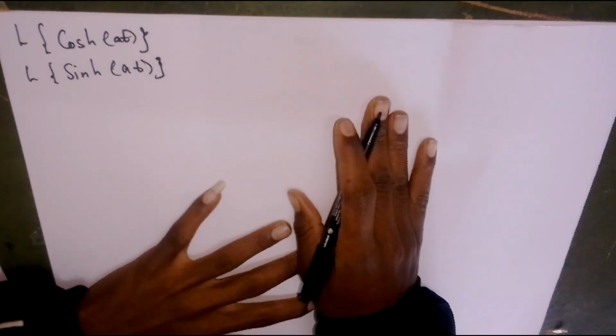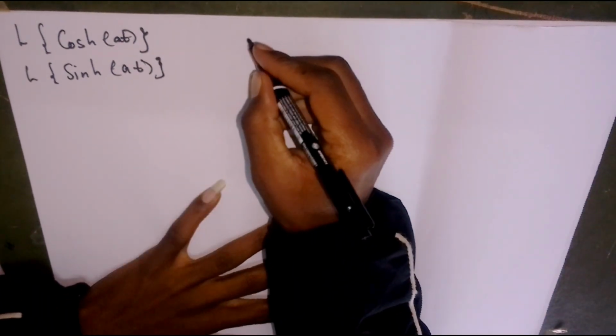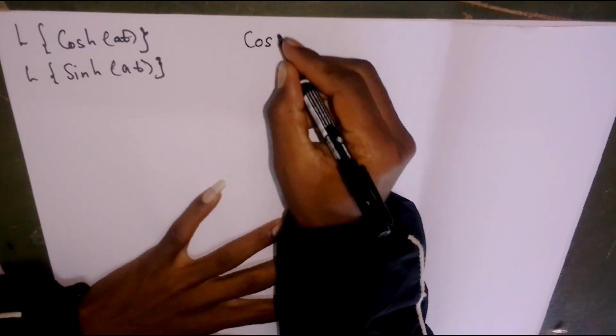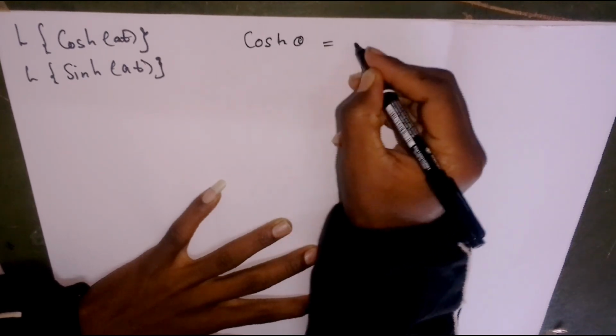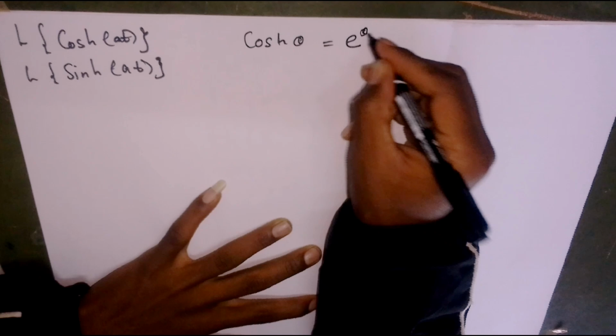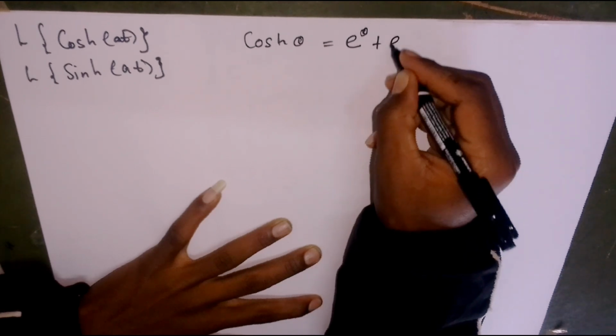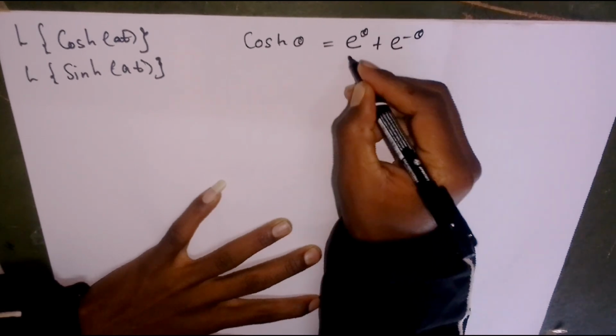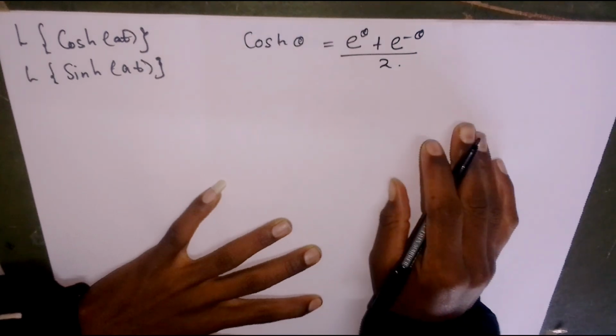So here we know that cos theta is equals to e to the power i theta plus e to the power negative i theta all over 2.